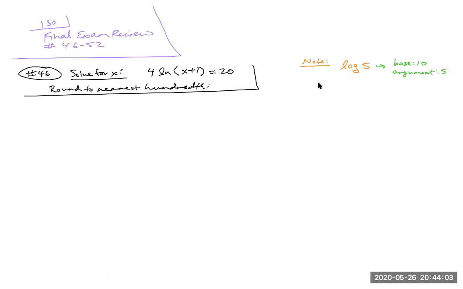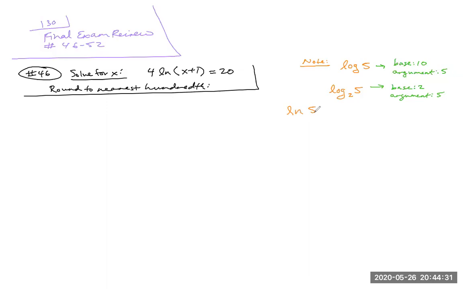If you have log base 2 of 5, that means my base is 2. And my argument is 5. Now we introduce natural log, ln. We'll just use 5 as a number still here.